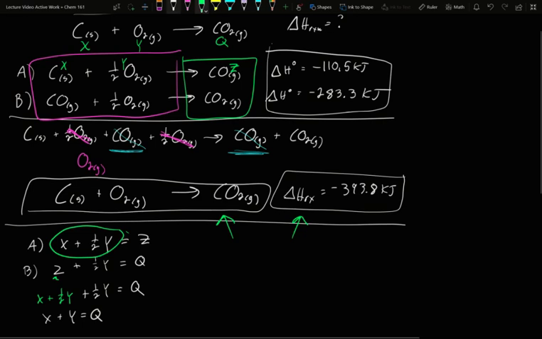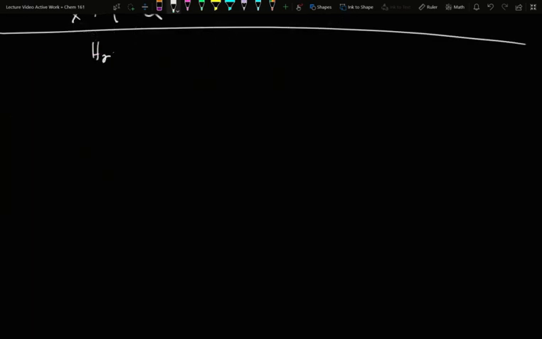Let's do a short practice. H2O2 liquid, so hydrogen peroxide, goes to H2O liquid plus 1/2 O2 gas.